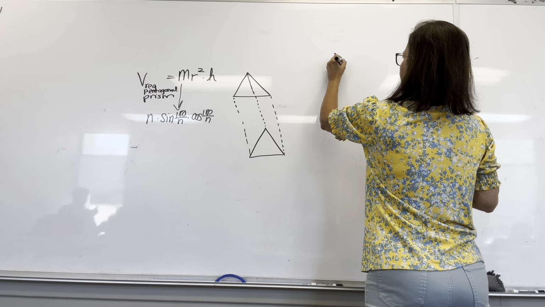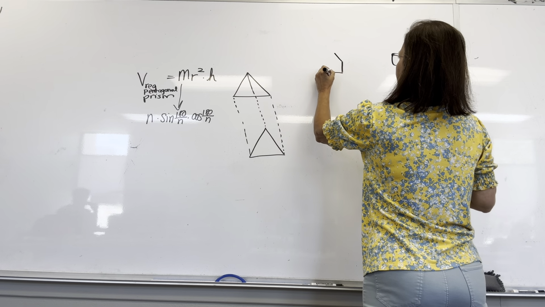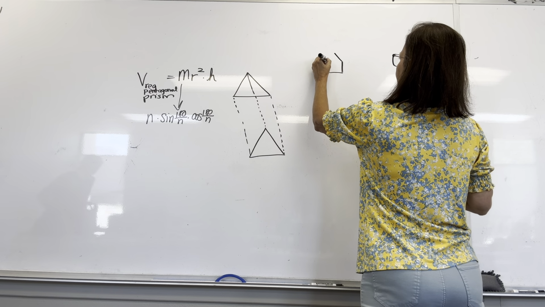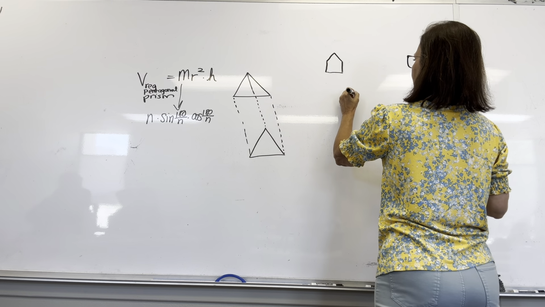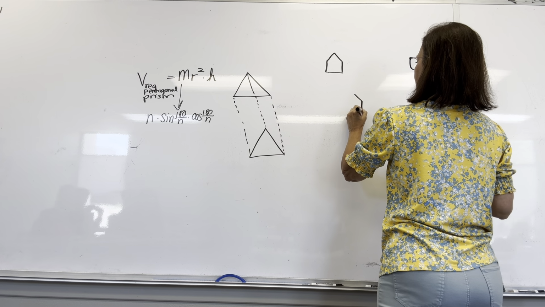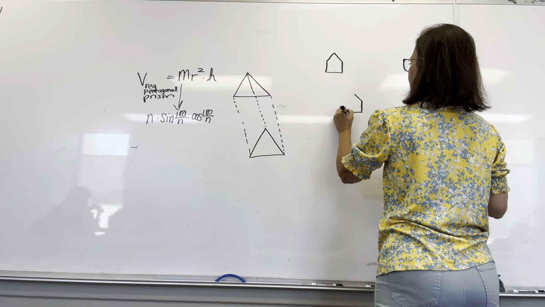Okay, do you see this? It's like a house. That's probably not the right dotted lines, it's just solid lines, but regular. You get the idea, right?